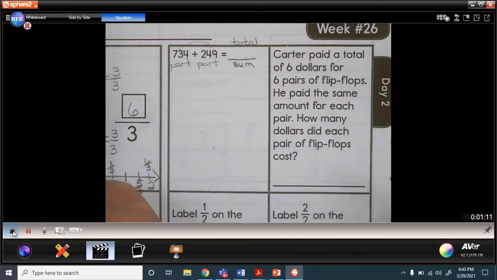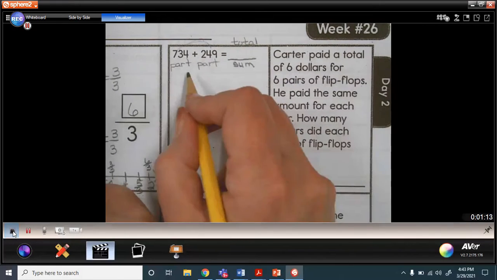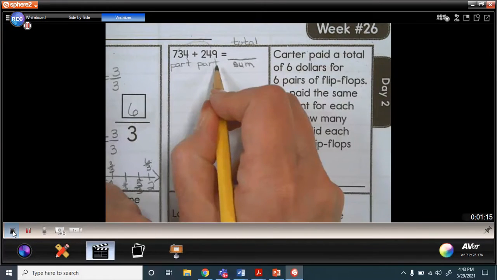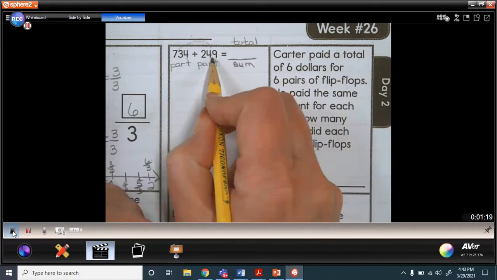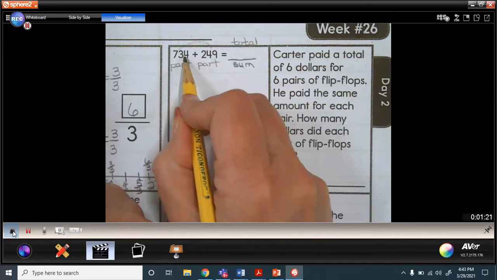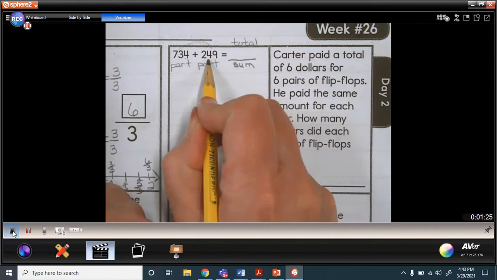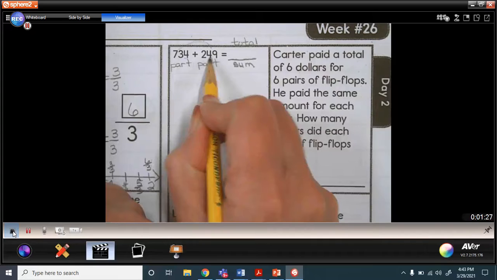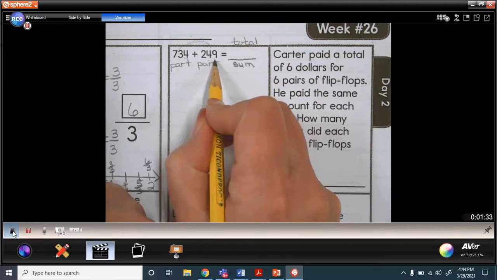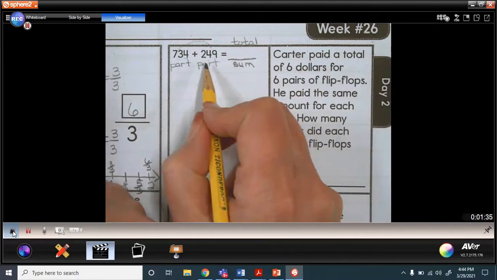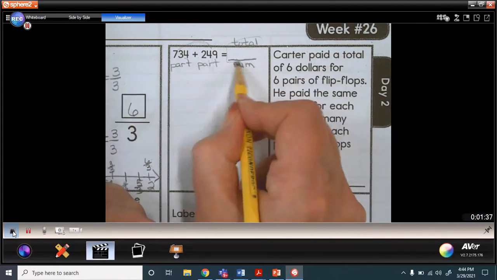All right, so let's take a look at our problem. 734 plus 249. Remember, we can use what we know about taking 1 from this 734 and adding it to 249. And since we're putting these together, it doesn't matter what order we put them together, it's going to be the same when we put it all back in one total sum.